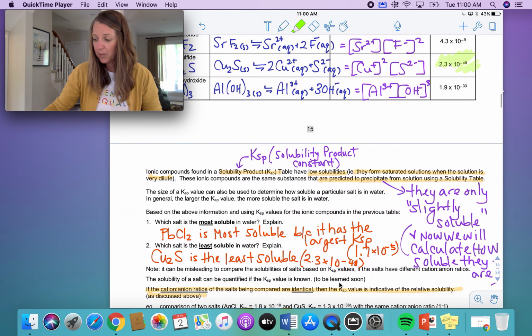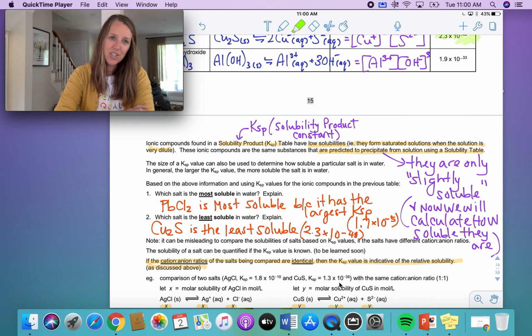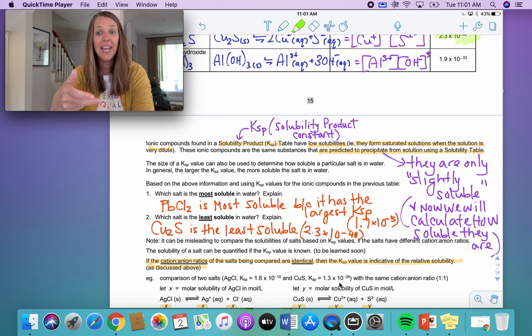So moving on, what are we going to do with this information? Well, we can compare the K value, because up until now, we've only really talked about salts where they're very soluble. Ionic particles are soluble. Here are the solubility table rules that we've learned, which one's more soluble than others. And now we can take that K value and compare them.